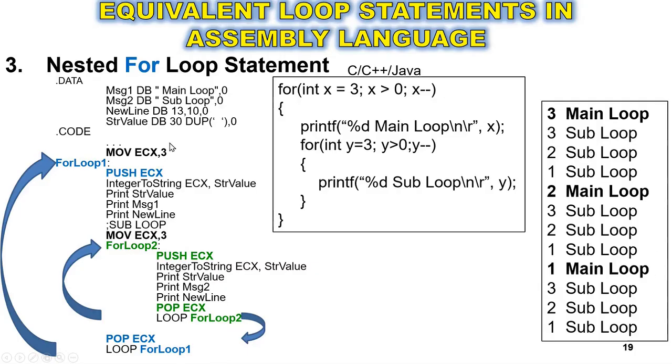And when we run this code, it will now display the following messages onto the console window. The main critical point in setting a nested for loop statement is that we need to preserve the value of the register ECX so that it will perform the exact number of repetitions for our main loop as well as for our subloop.